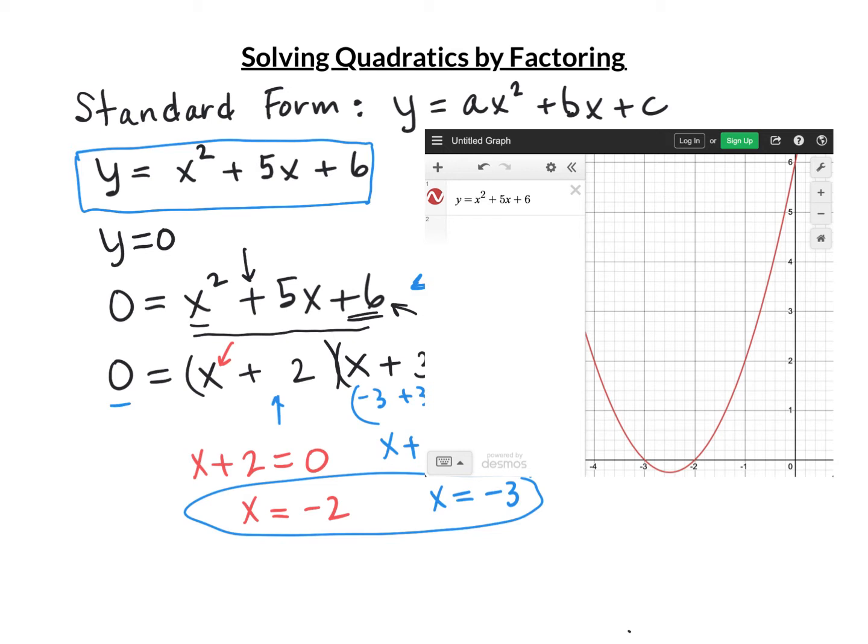Do you see how the parabola intersects the x-axis at negative 3 and negative 2? Those are our solutions. Also notice that the y-intercept is 6, because when you put in x is 0, 0 squared plus 5 times 0 plus 6, y ends up being 6. 0, 6 is the y-intercept.